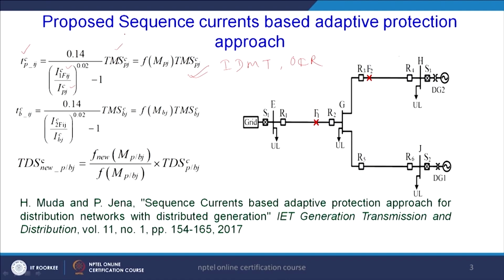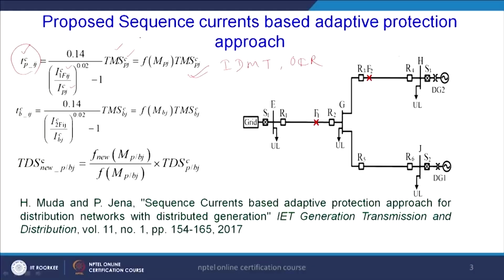TMS is the time multiplier setting. In this time of operation of the relay, P stands for the primary relay, I stands for which relay, and J stands for the location where the fault has been incepted.